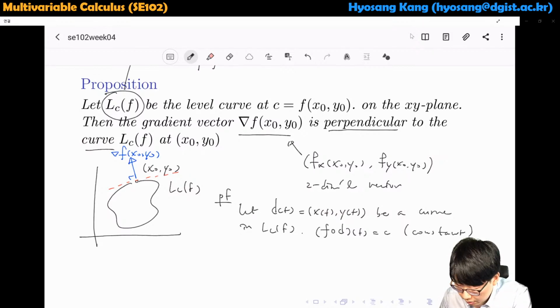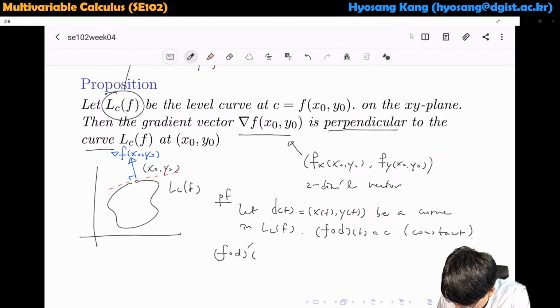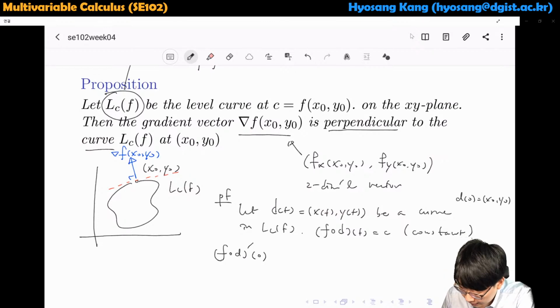So if I take the chain rule on the left-hand side, f∘d prime, by the way, such that this d0 is (x0, y0). I'm going to take a derivative at 0.